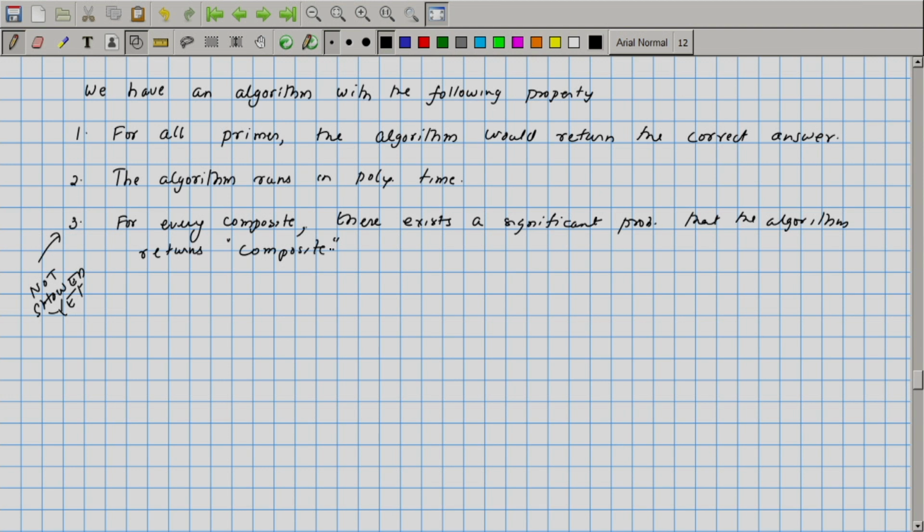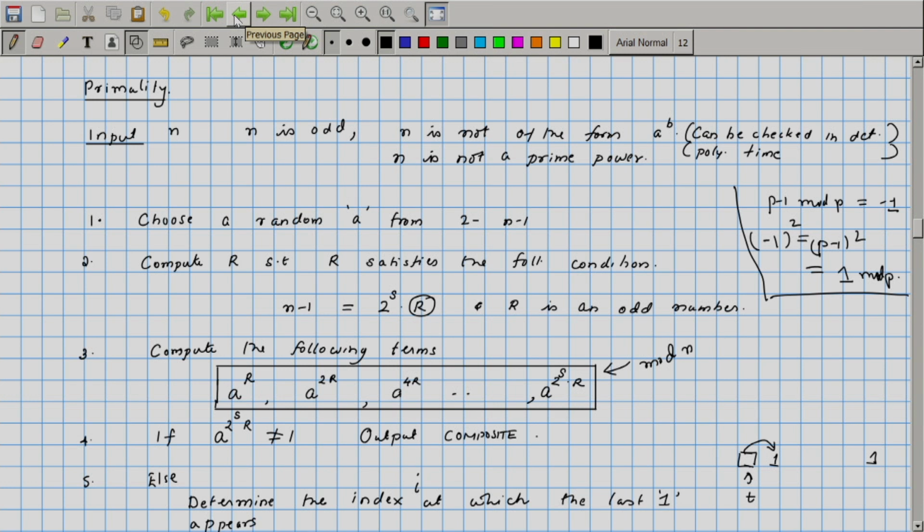Okay, so let us see what happens for a composite number. We had randomly chosen a number from 2 to n minus 1. The choices of A which will result in the number being declared as composite, we will try to bound that set.